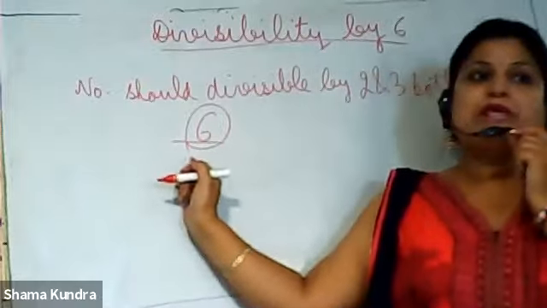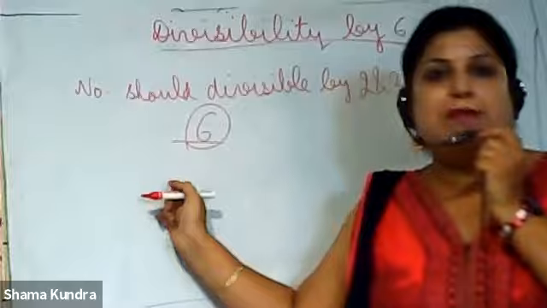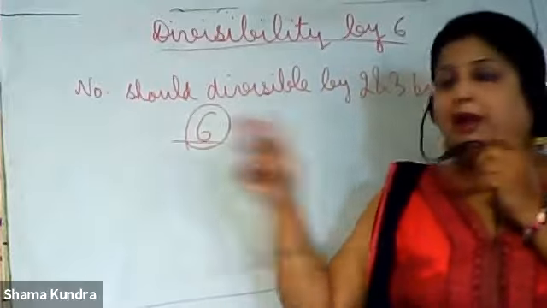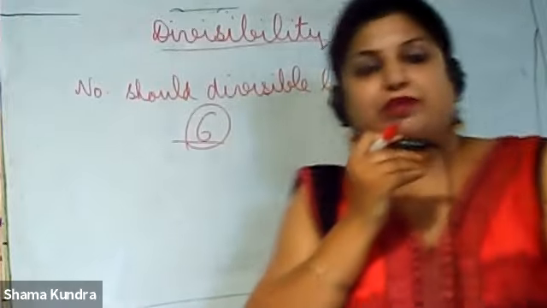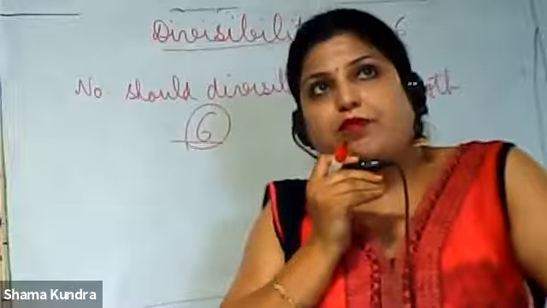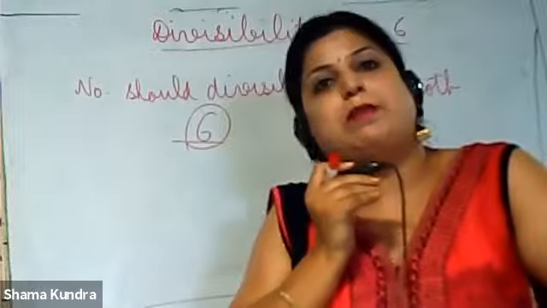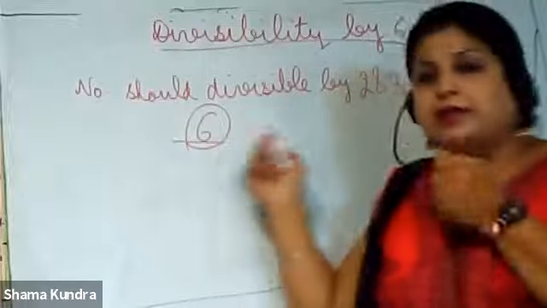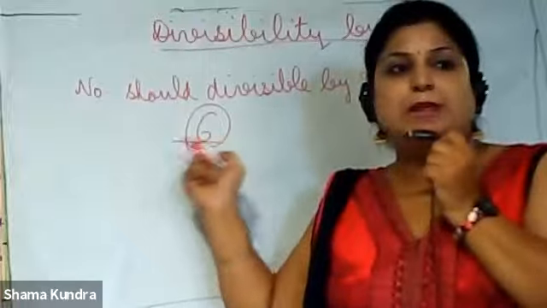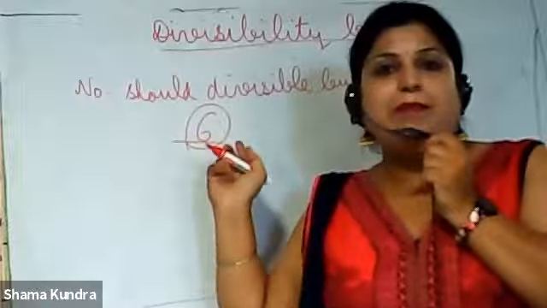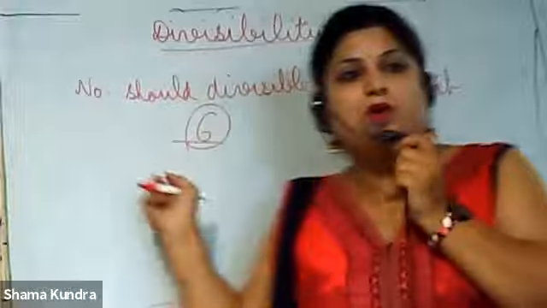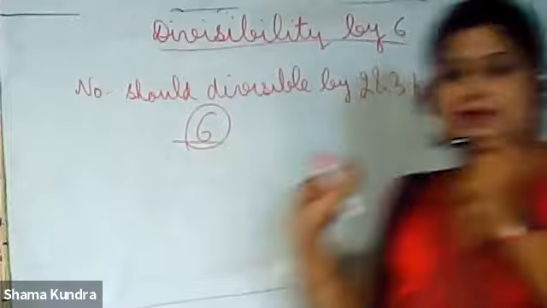Now I have to check whether this number is divisible by 3 or not. The rule for divisibility by 3 is that the sum of digits must be divisible by 3. Here the single number 6 is divisible by 3. As the given number is divisible by 2 and 3, it will be divisible by 6.